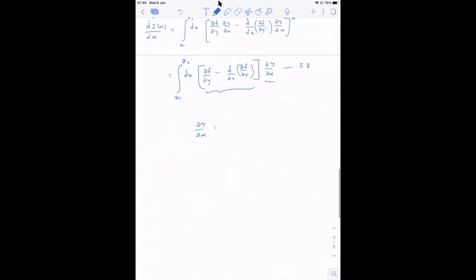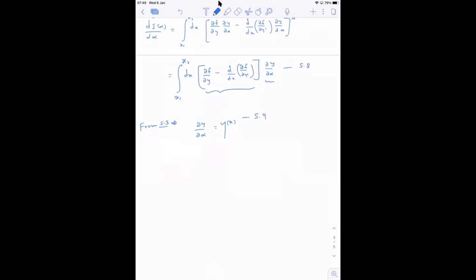So from 5.3, ∂y/∂α is equal to η(x). I guess you can understand how I have this η(x). Let me take this as 5.9.